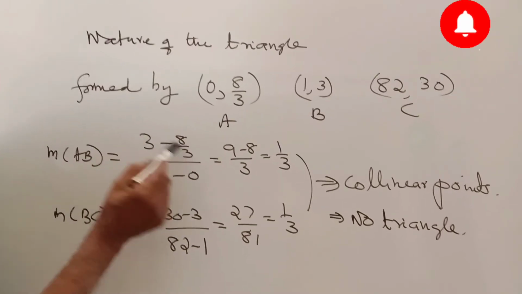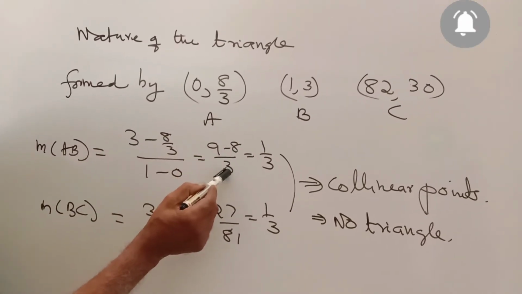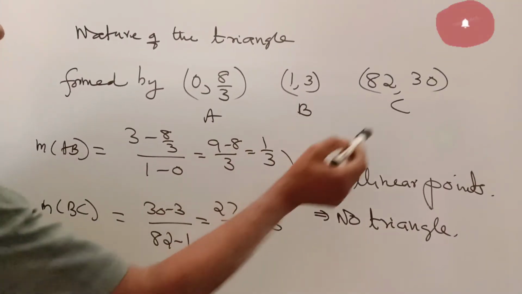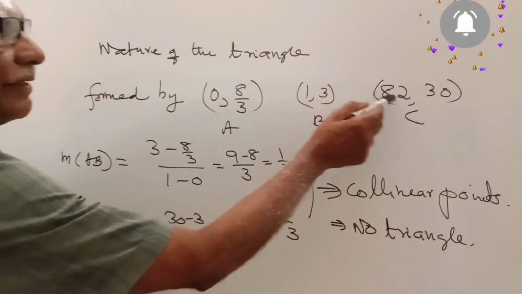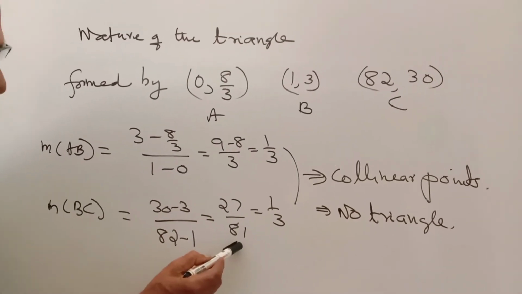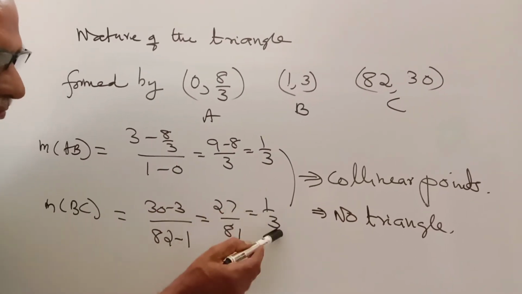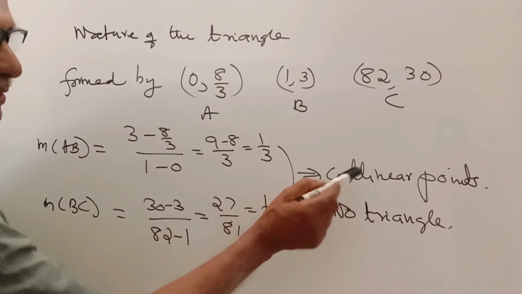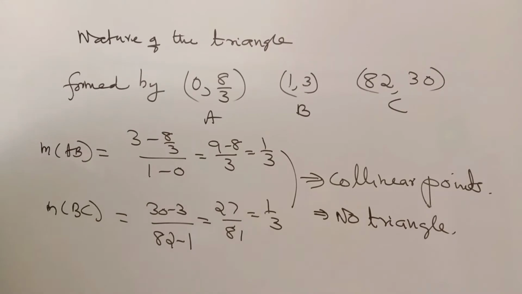You multiply by 3, 9 minus 8 by 3, all is 1 by 3. Now slope of BC, 30 minus 3 by 82 minus 1. Again 27 by 81. You can cancel 27. It is 1 over 3. So the slopes are same, meaning collinear points. Therefore no triangle is formed.